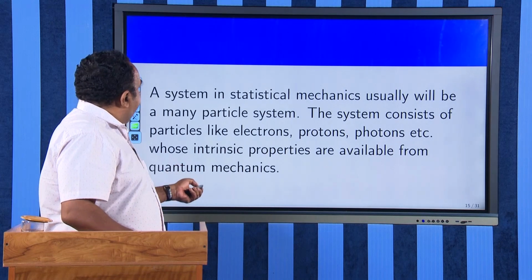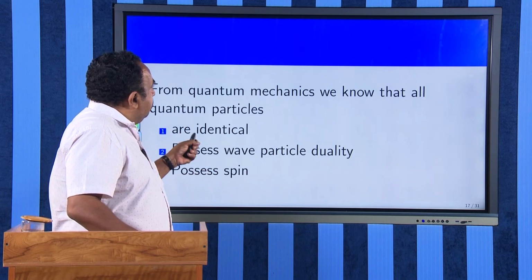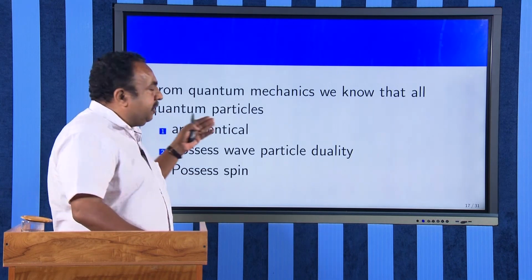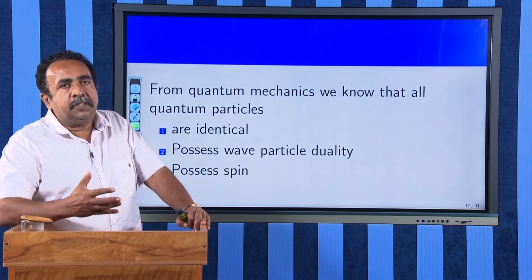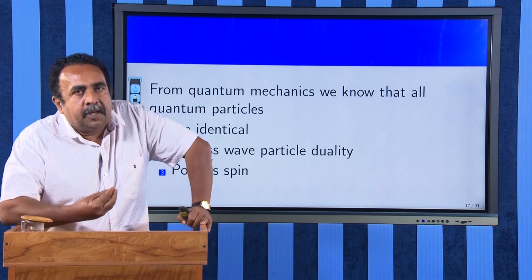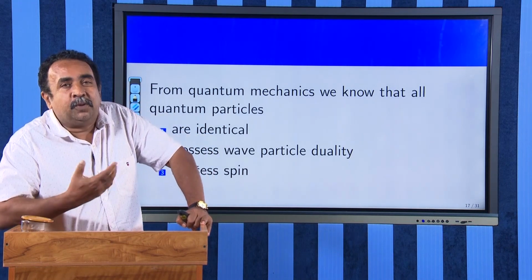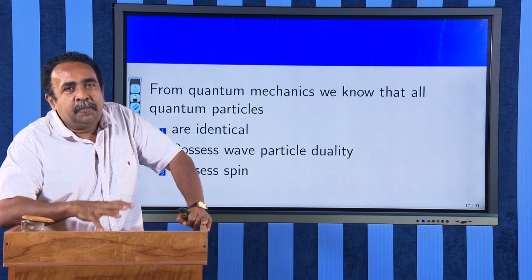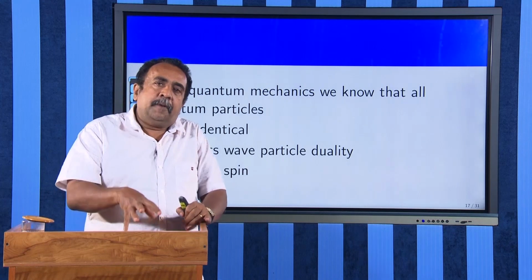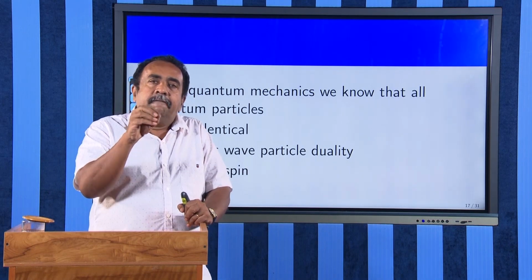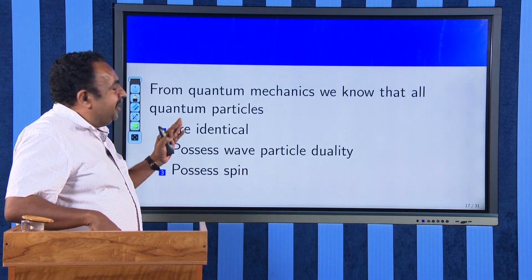In order to account for this quantum phenomenon, we will have to take the properties of these particles, the electrons, protons, photons, etc. What are the special properties possessed by these particles living in the micro world? All these particles are inside a system, and they exhibit a very interesting property: they are all identical.